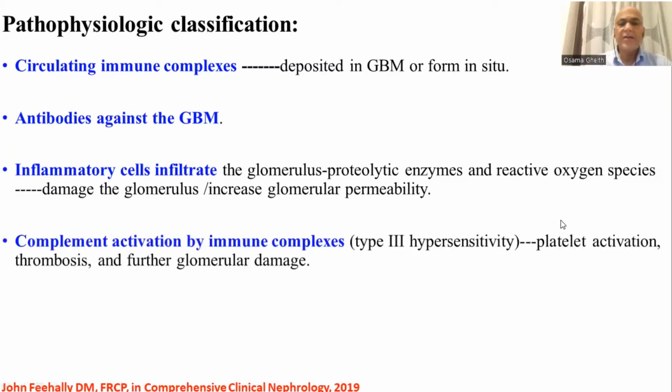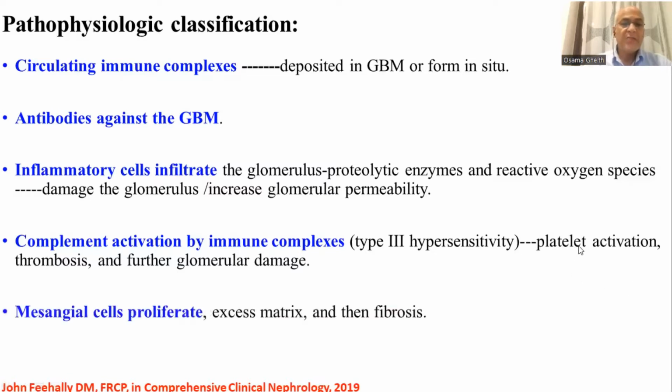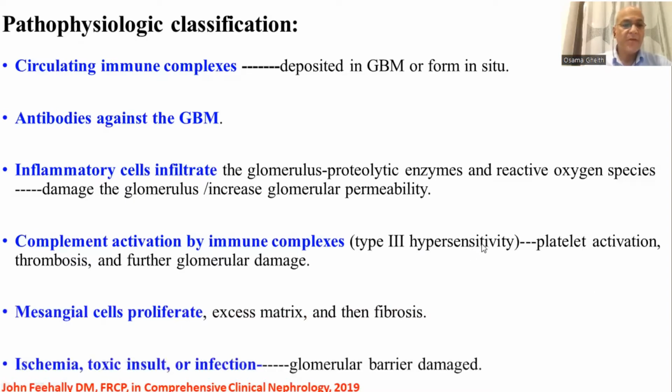Also, complement activation has a major role in some glomerulonephritis, with platelet activation, thrombosis, and further glomerular damage. Mesangial cell proliferation and mesangial matrix deposition, and finally fibrosis. Of course, ischemia, toxic insult, or infection play an important role in the glomerular barrier damage.